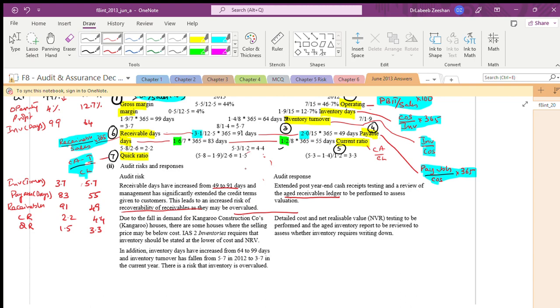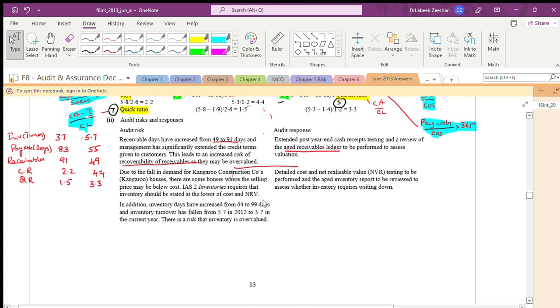Okay, next. What do they say? They say that due to fall in demand, there are some houses where selling price was below cost. See, what is the rule of IAS 2?